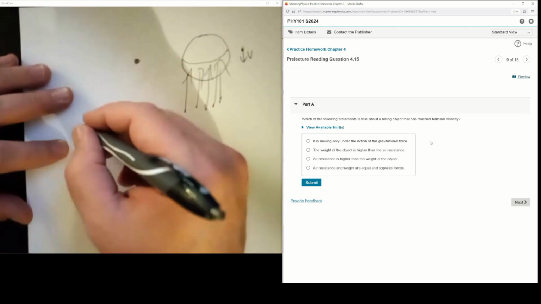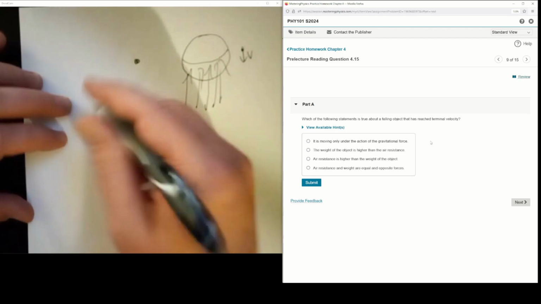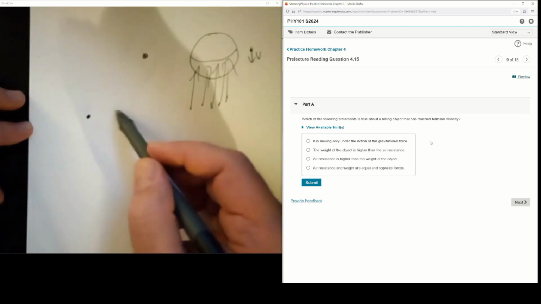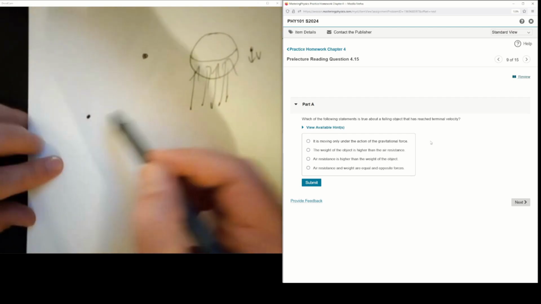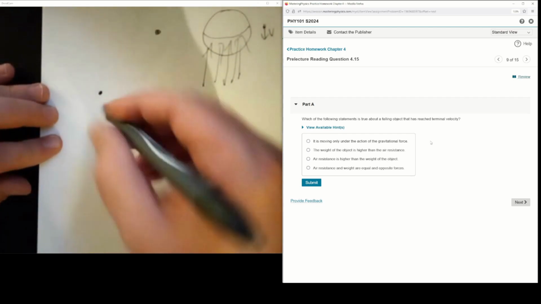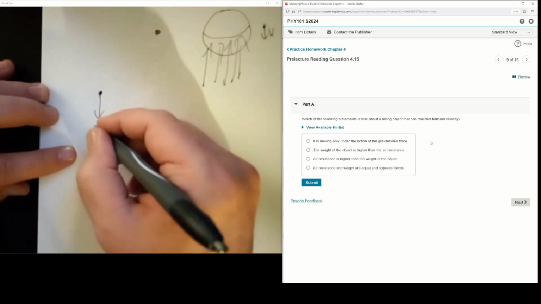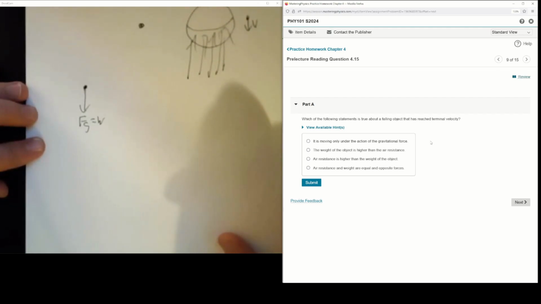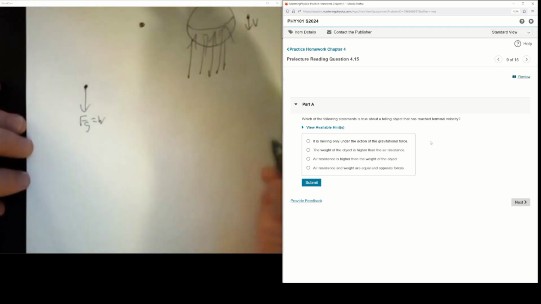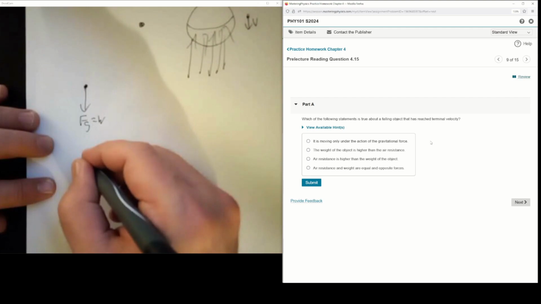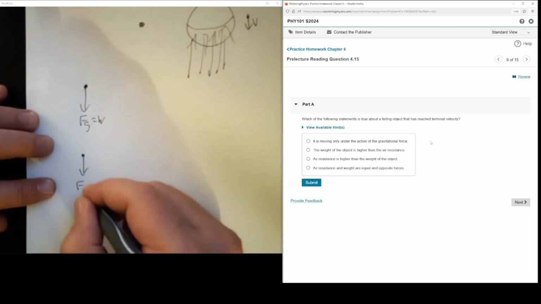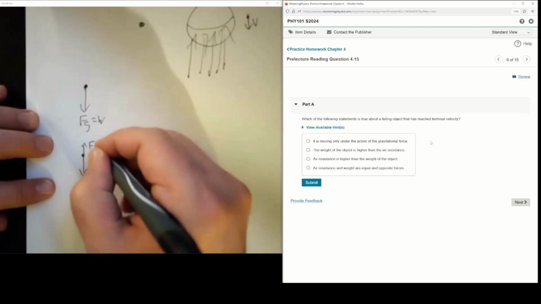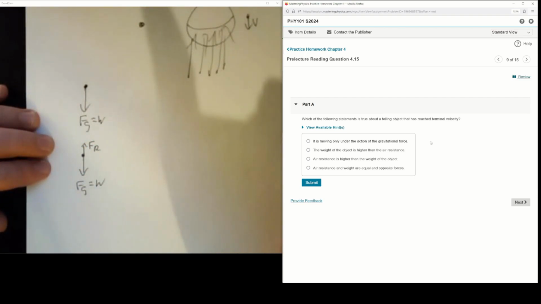So if you would jump out of the plane here, I'm just drawing your center of mass. Imagine you're just this point. When you first jump out of the plane, you experience the force of gravity, which is your weight. And then as you fall, your weight stays the same, but as you start moving, the force from air resistance starts to increase.